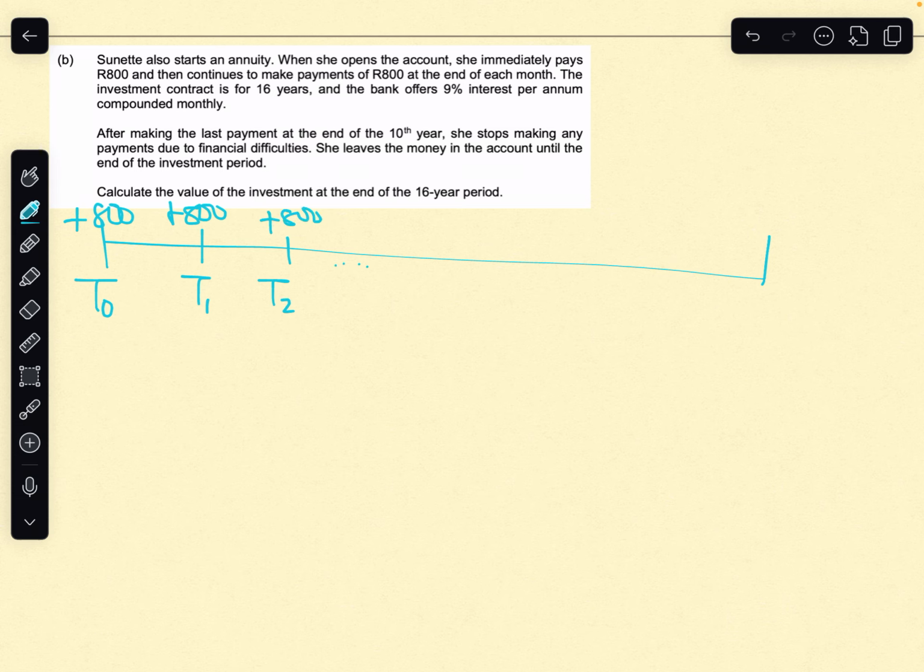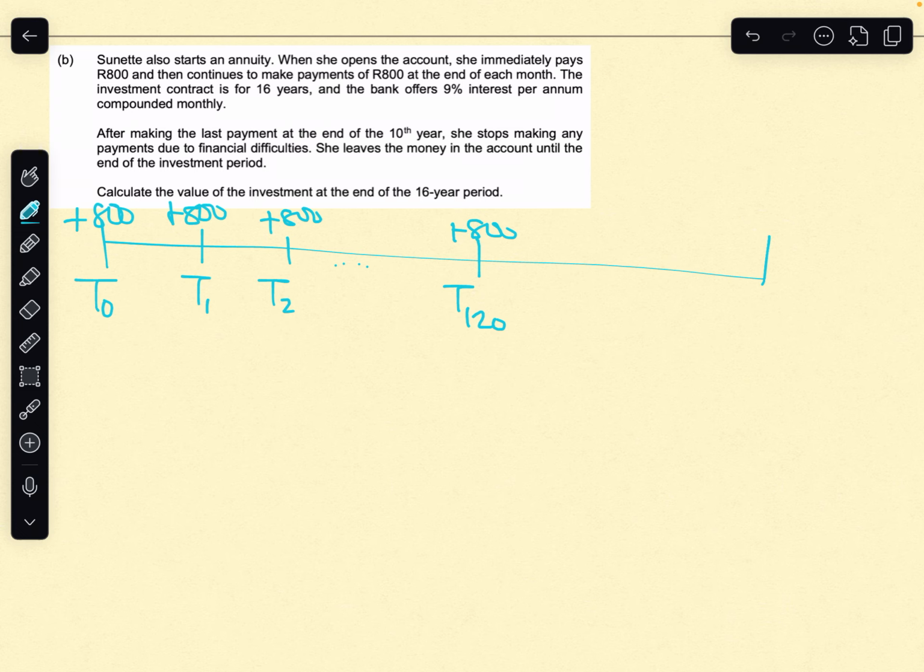And then it says that at the end of the 10th year, so that is now month 120, at the end of month 120, wait a minute, at the end of the 10th year she stops making any payments.